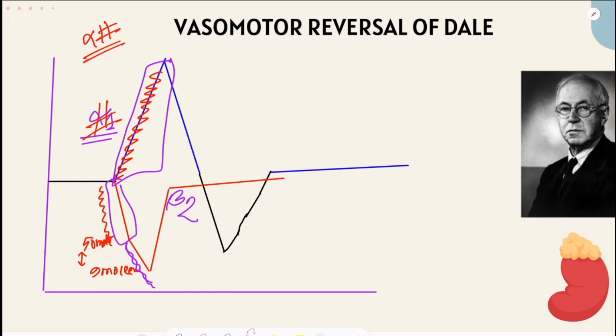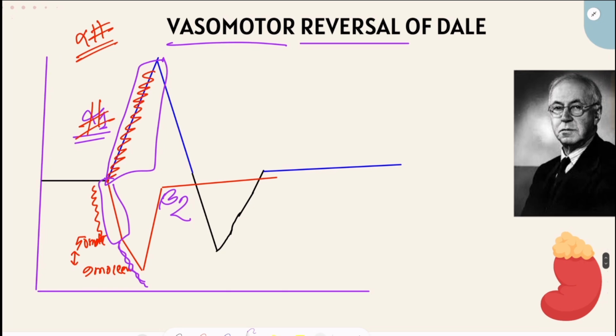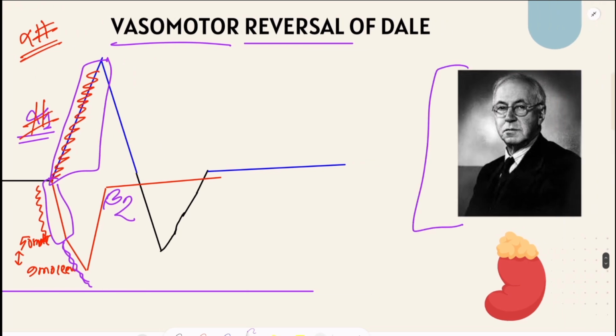This opposite is known as reversal. This phenomenon is called vasomotor reversal. Vasomotor means the effect on the muscles of the blood vessel is reversed. Instead of vasoconstriction, which we previously saw in the biphasic response, only vasodilation occurs. It was first noted by the scientist Henry Dale. So it is called the vasomotor reversal of Dale.